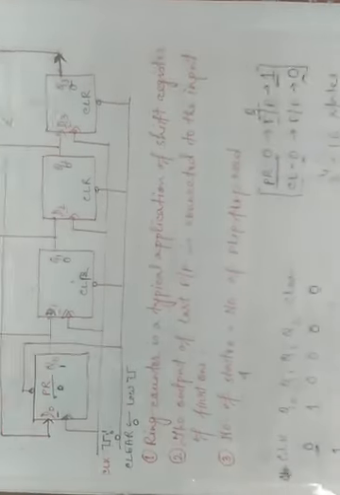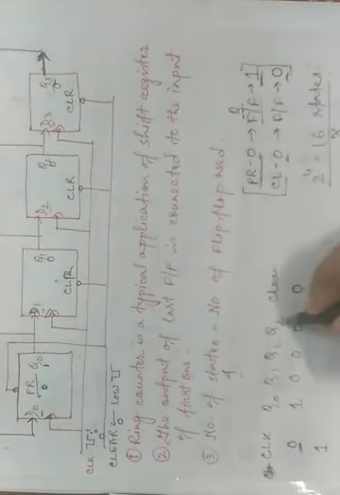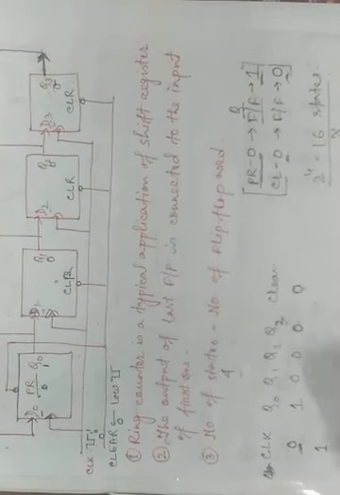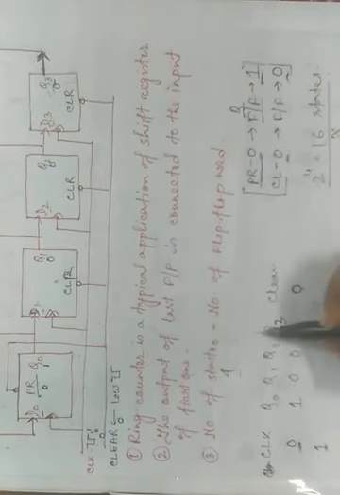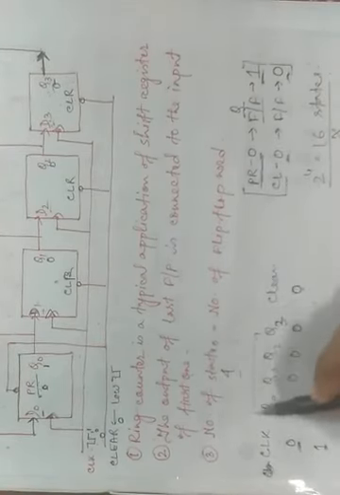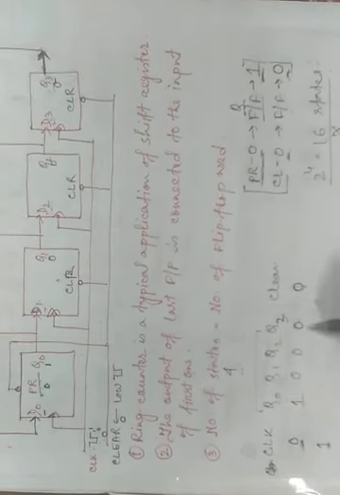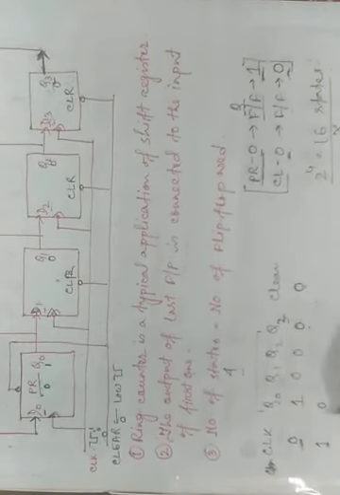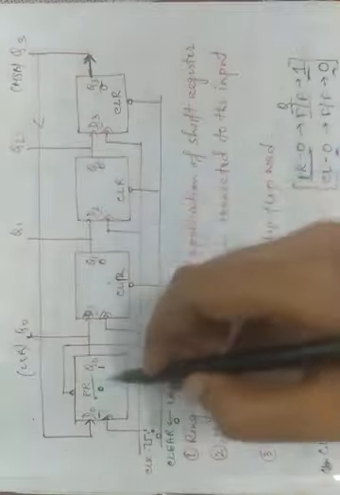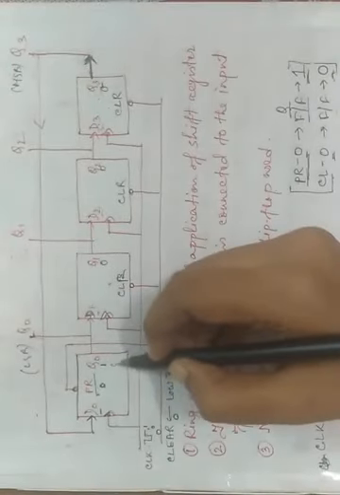So this is our first state. In the next clock pulse, the Q3 value will go to Q0. That means here it is 0.